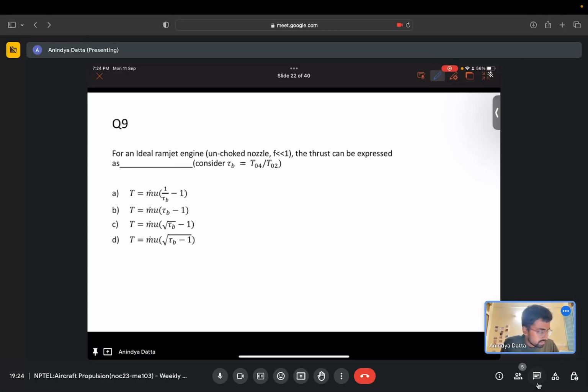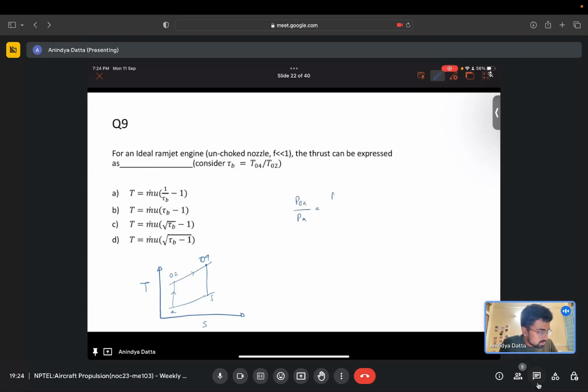Let me draw the TS diagram again here. So A, 02, this is 04, this is 5.